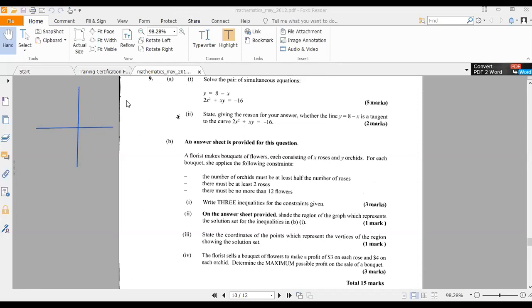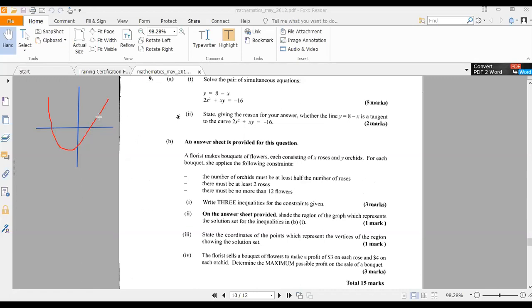Then you draw your curve. Let's say this is the curve. Start from here, come this way, then go way up. Now, what do I mean by tangent? A tangent is a line that touches only one point of the curve.